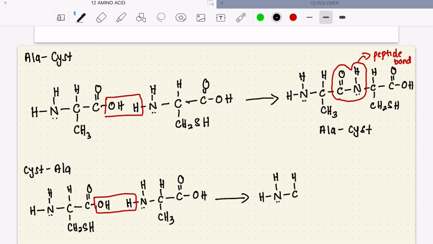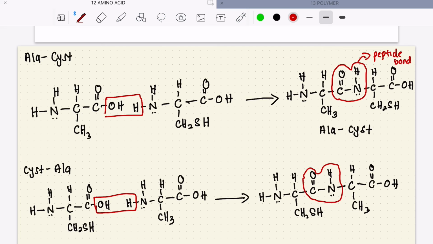The body, okay, there you go. So don't forget to circle it, label it, and name it: Cys-Ala.